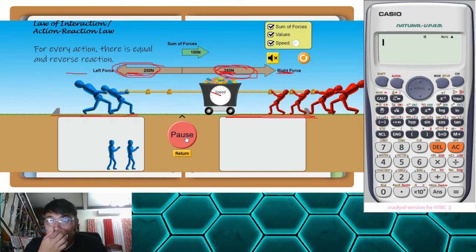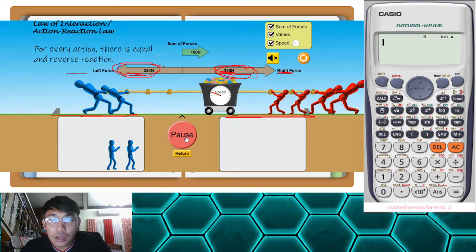So as you can see in this simulation, when the object was pulled, there is an unbalanced force. If there is an unbalanced force, it will move.